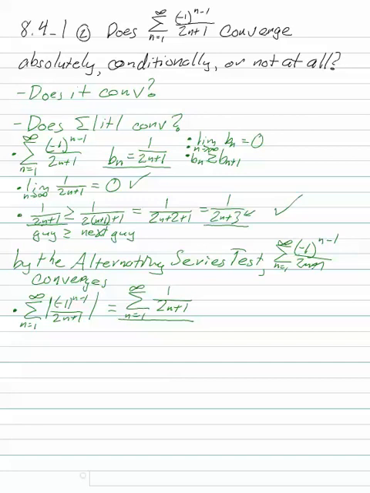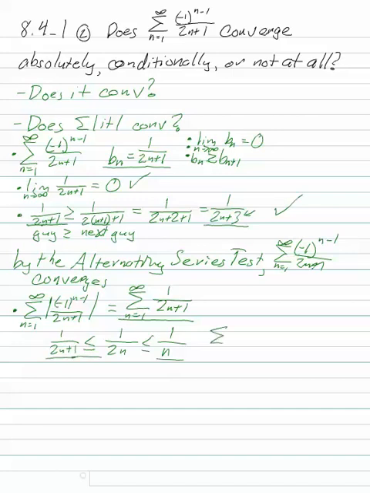So I want to compare 1 over 2n plus 1 to 1 over 2n. If you divide by something bigger, you get something smaller, and 1 over n. Multiplying by 2 makes the 2n bigger. Divide by something bigger, you get something smaller. So the series we're working with is less than 1 over n.